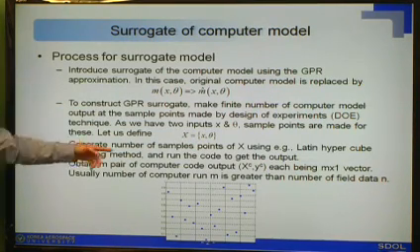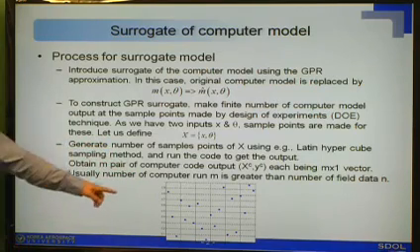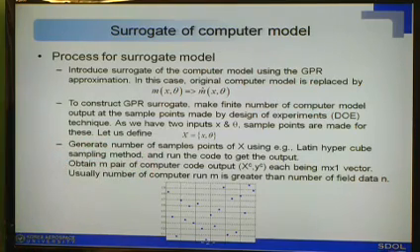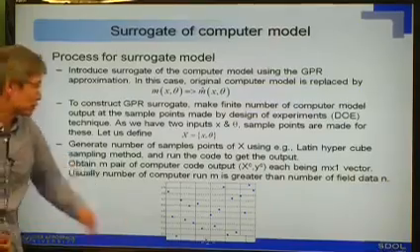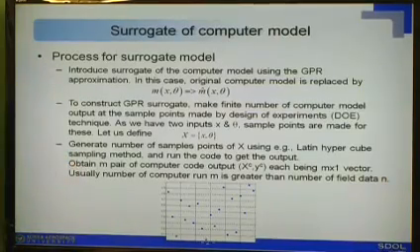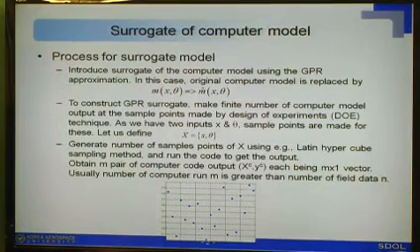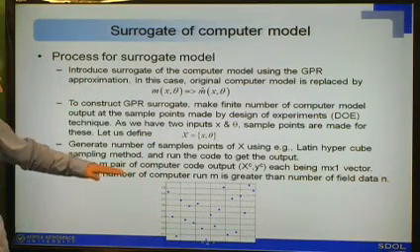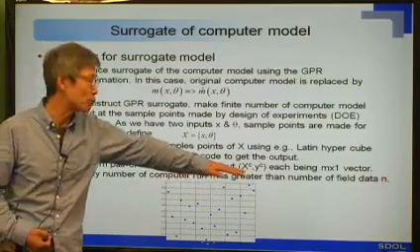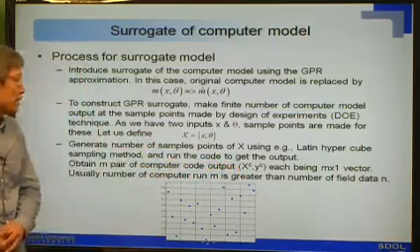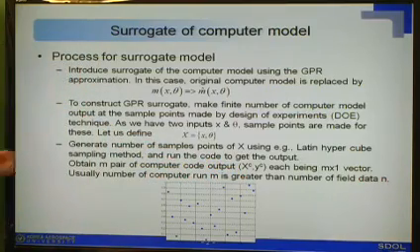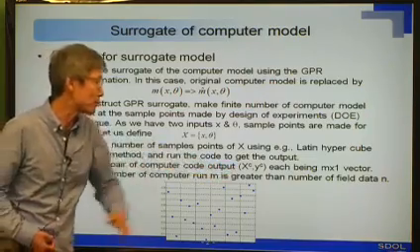Here I just show you the example of the Latin hypercube sampling method, and this is the result. At these points, we run the code to get the output, and we name it as a pair of computer code outputs, XC and YC, each a vector of size m, including m data.